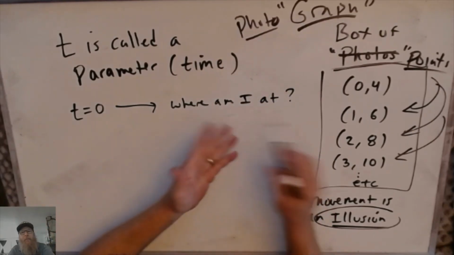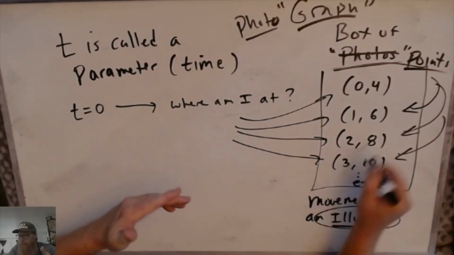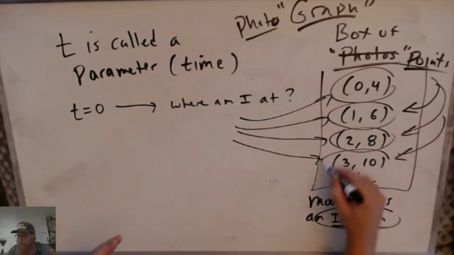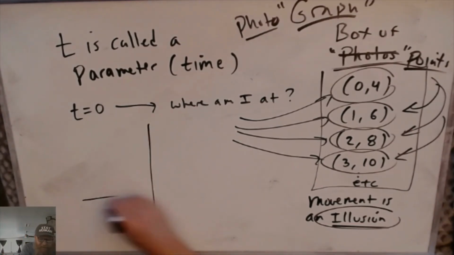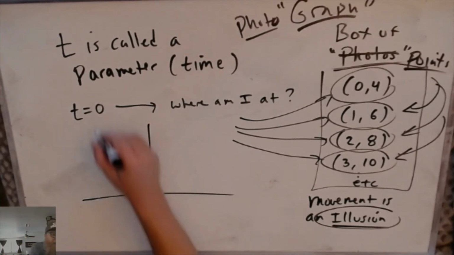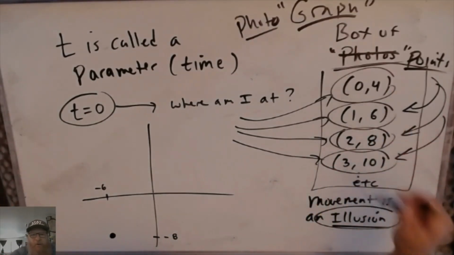Or where is the point? Which of these points are you at when t is equal to 0? And that would give us the idea that maybe when t is equal to 0, you're starting way down here in quadrant 4, and maybe it's a point that's not even in this graph.